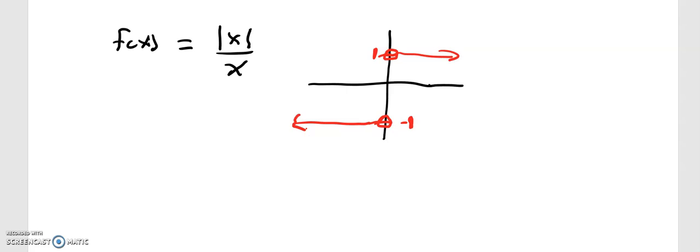So in this case, we could ask you to find the limit as x approaches 0, or from the left, or from the right. From now on, you need to know the graph of the absolute value of x over x, along with all of your other parent functions. You have got to be able to recognize a graph right away.